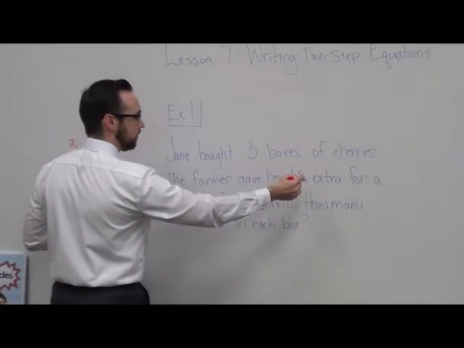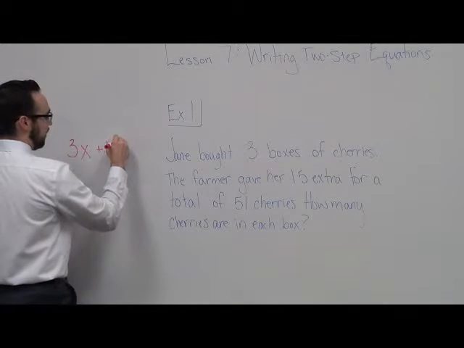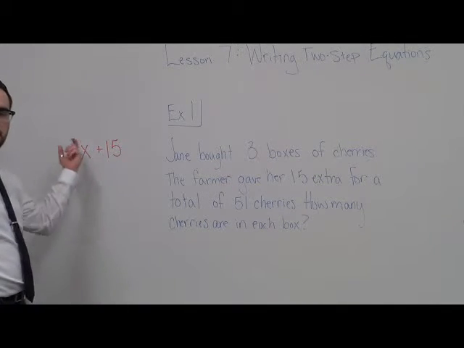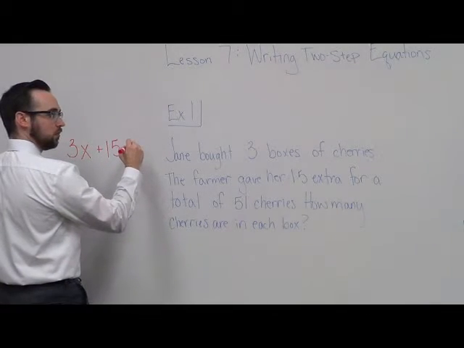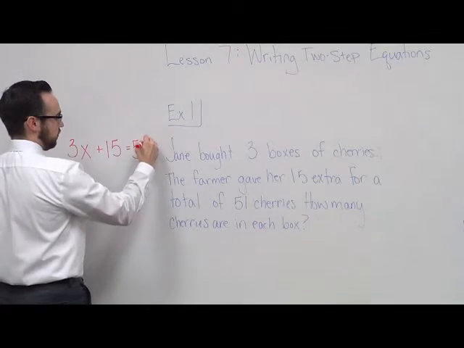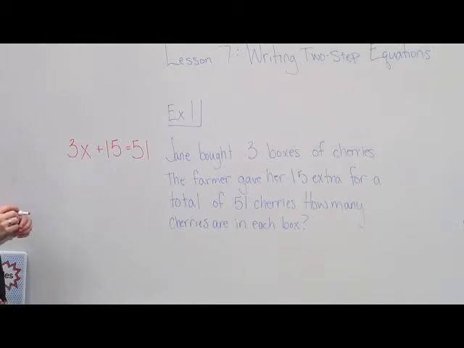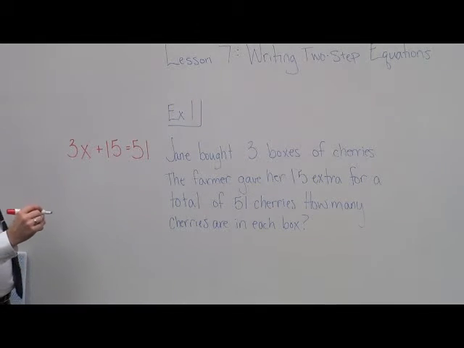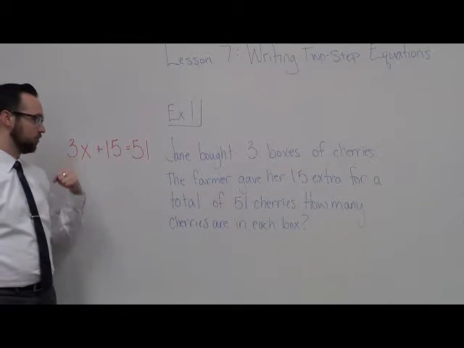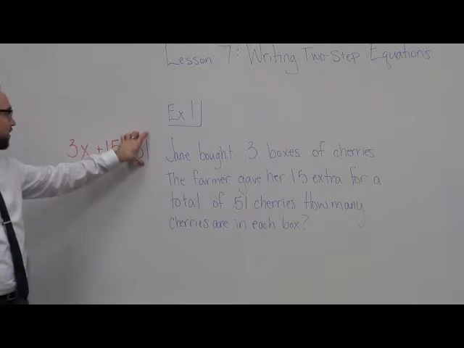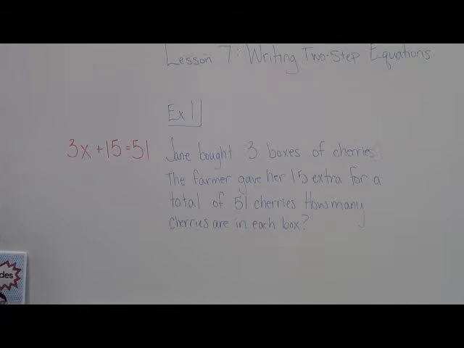He gave her an additional 15, which means I'm going to add on 15 cherries beyond that 3 boxes, for a total of 51 cherries. This is the equation that we want to solve. So take a minute or two and try and solve that, since you do know how to solve these.